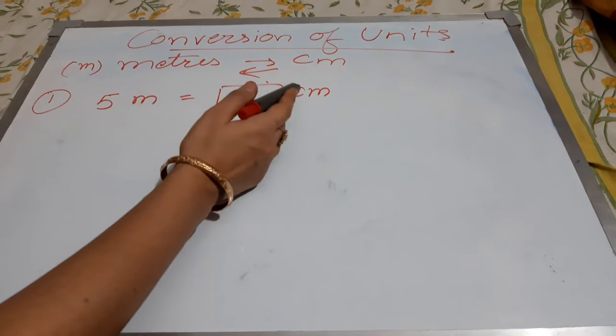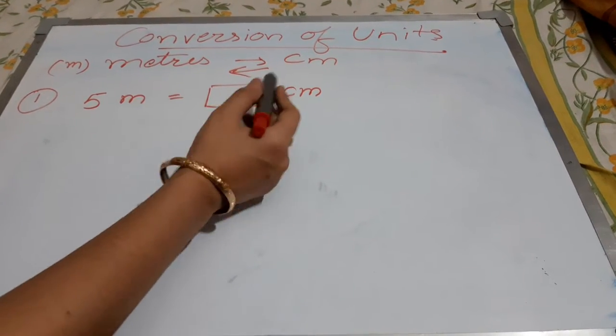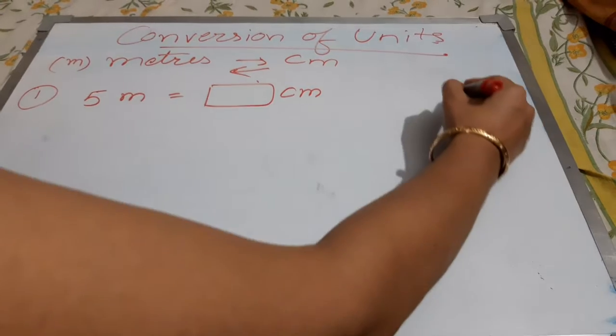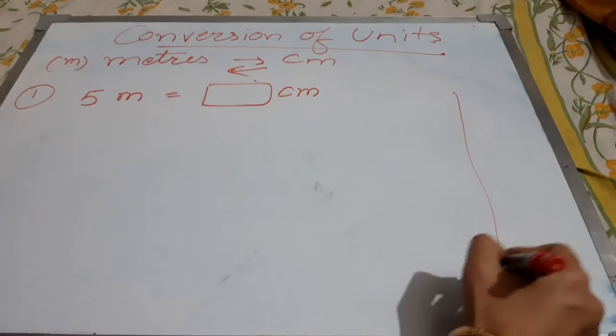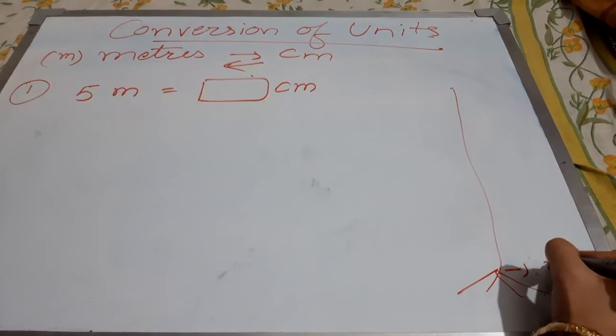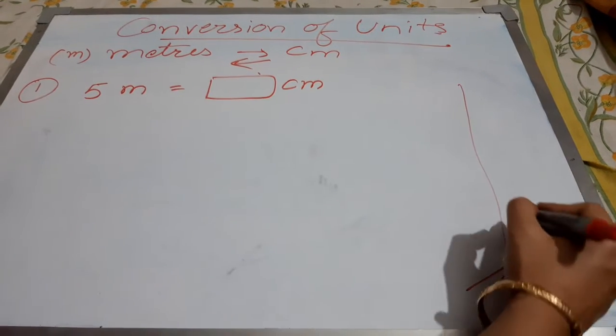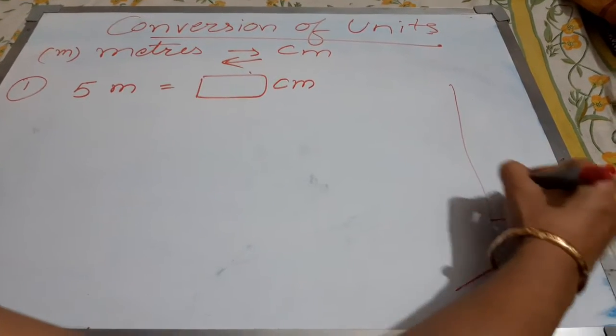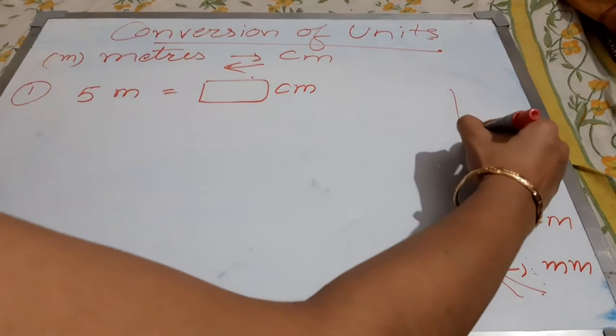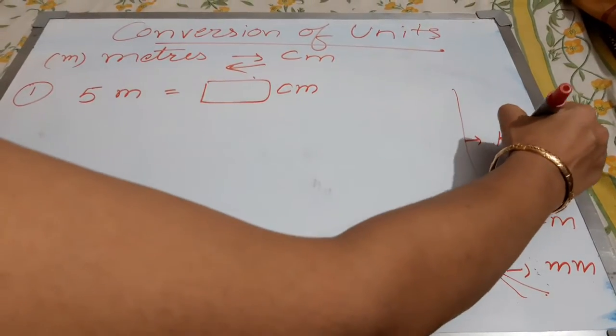Which one is the bigger unit out of these, meters or centimeters? Just remember, always draw that flower. It will help you in remembering the relationships. At the base we have millimeter, then centimeter, then meter, and then at the top we have kilometer.